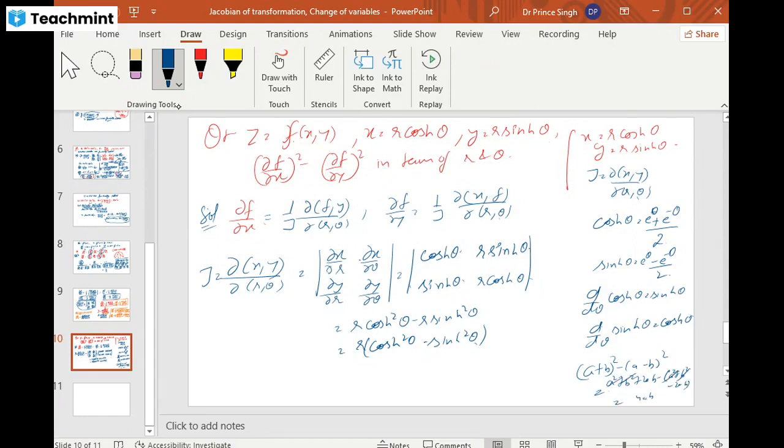Here 2ab means 2, so 2 plus 2 is 4, and 4 divided by 4 is 1. So its value comes out to be 1 only. So the Jacobian of transformation in this case also comes out to be r.